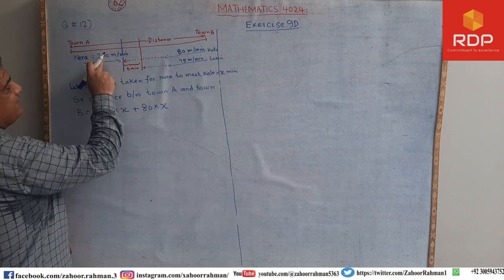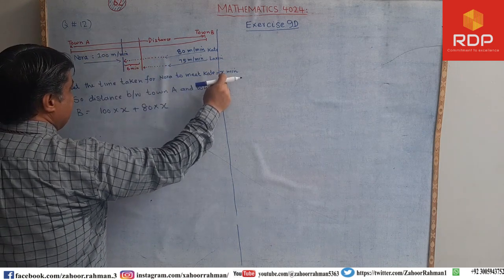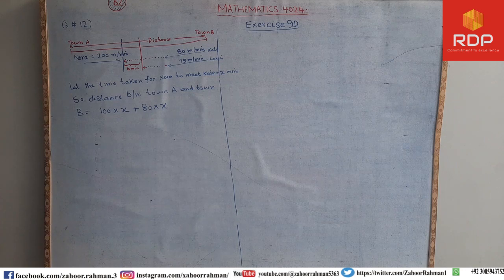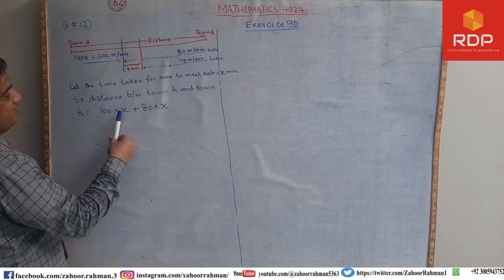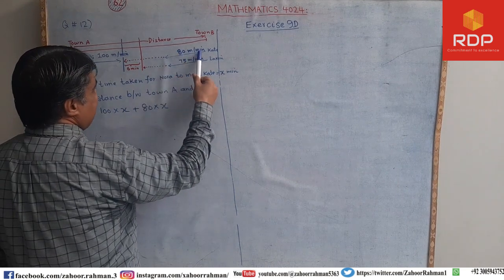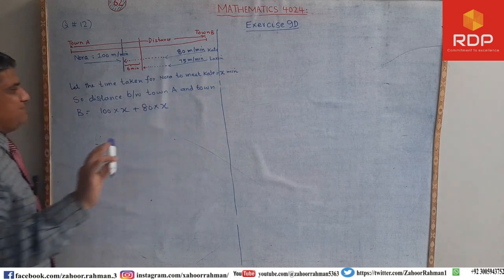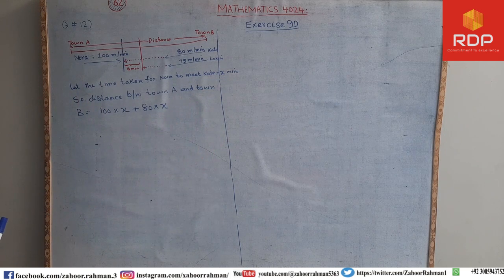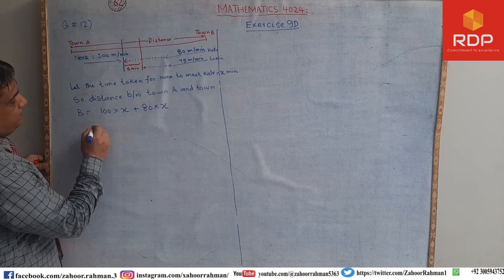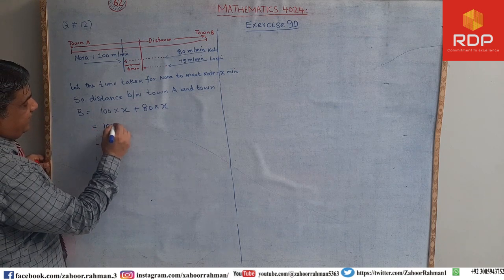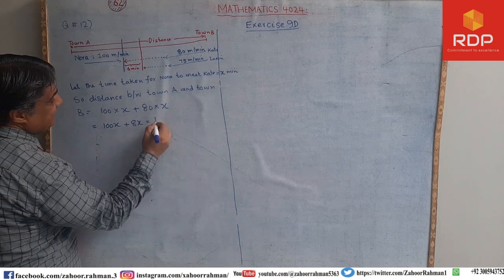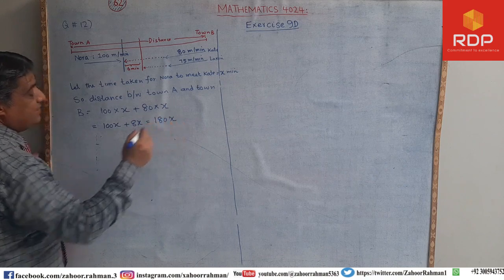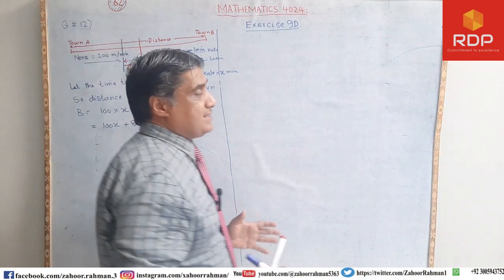Speed is 100 and we considered x as the time. So this girl is taking 100 into x, and this girl, we are not taking for the time being, 75. First we are comparing Kate with Nora. So it will be equal to 100x plus 80x, and that will be 180x.